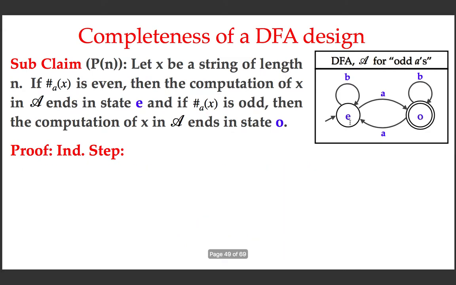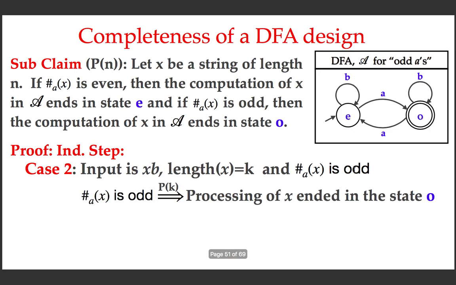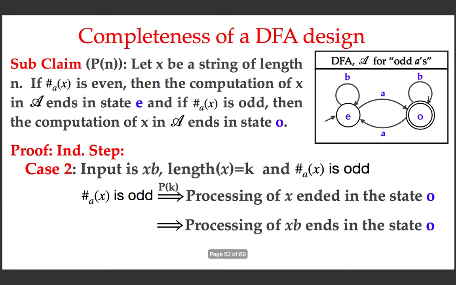Next case is XB, what you are going to process, and the number of A's in X is odd. If the number of A's in X is odd, from the induction hypothesis, you know that the processing of X finished in O. After X, what you are going to process? It's a B. So after X, you are in O and you are processing a B, so you are in O itself.